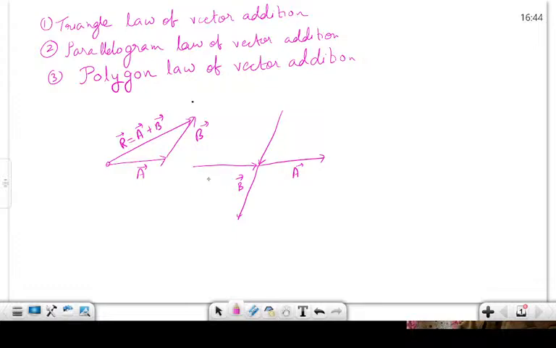Now you see, this is the vector A. This is the initial point of the first vector and this is the final point of the last vector. So this is the resultant: R vector equals A vector plus B vector. Okay, in this way we can do it.